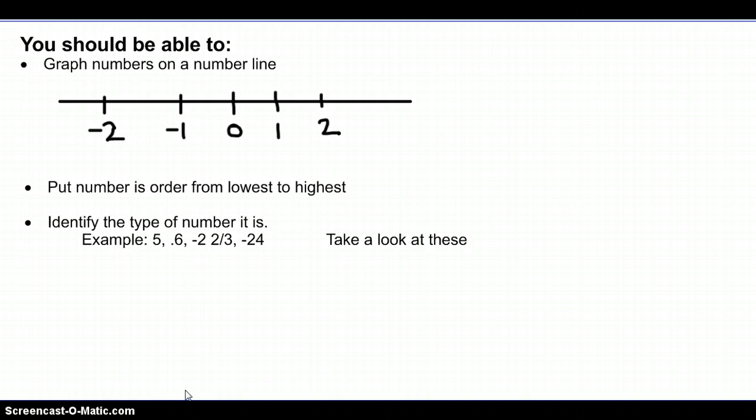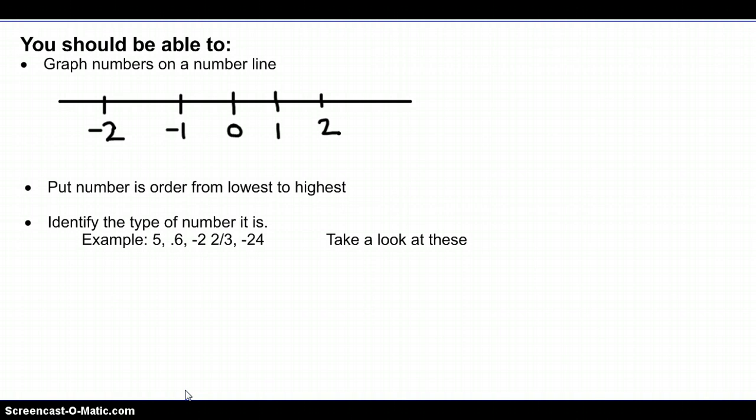Well, the first one, 5, it's a whole number and it's positive. That means it is a whole number, and it's also an integer. Is it rational? Yes, it is, because rational numbers include all whole numbers and integers. So 5 is all 3 of those things: whole, integer, and rational.